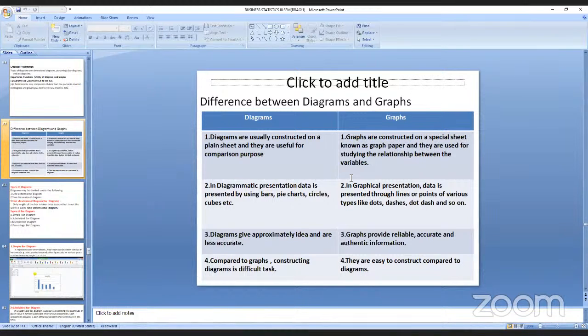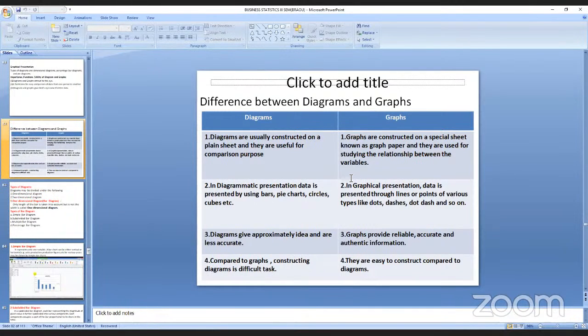You can draw lines and put the points, the various dots, then you can join all of them. If you are putting the dots, again you will make the joints. You know that graph? Yes, ma'am. In the school also you used to do that, on the graph paper.